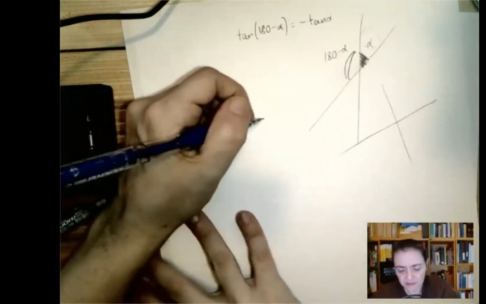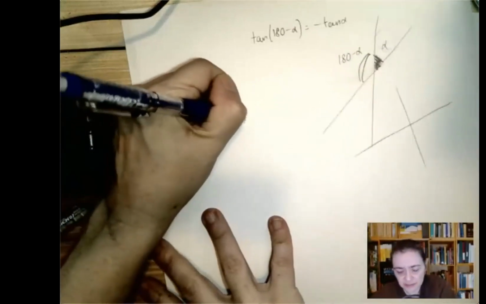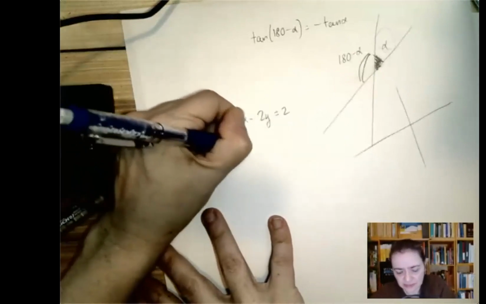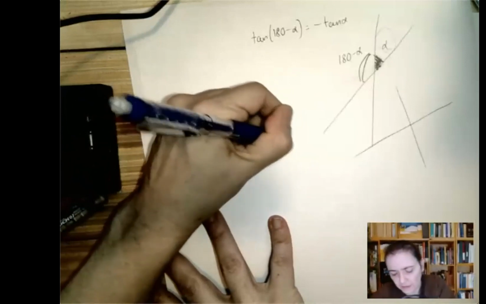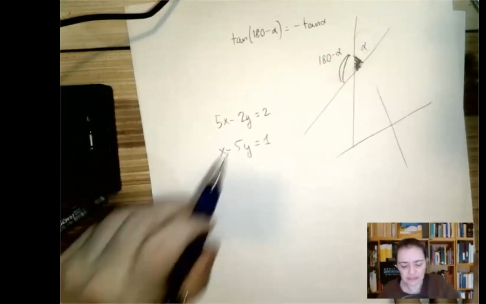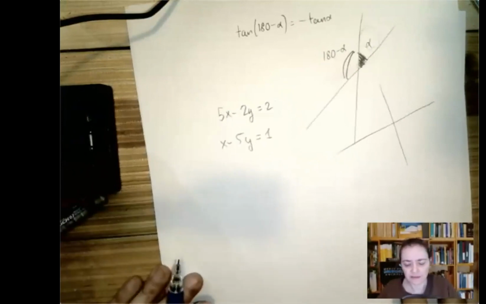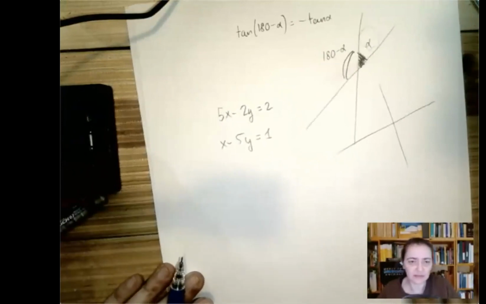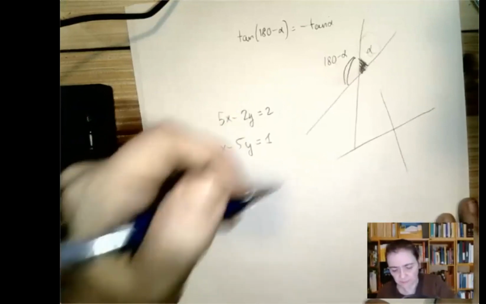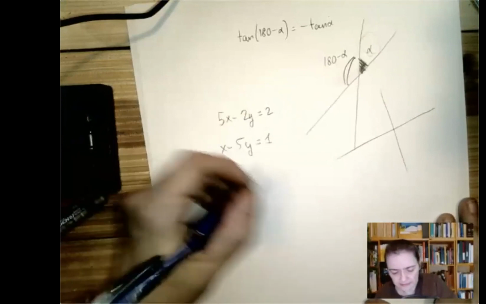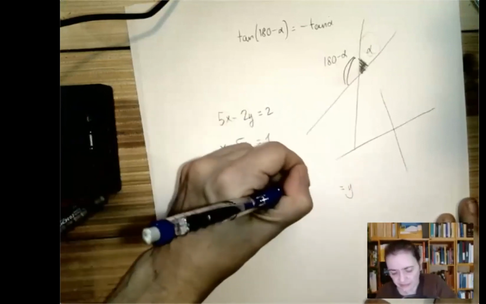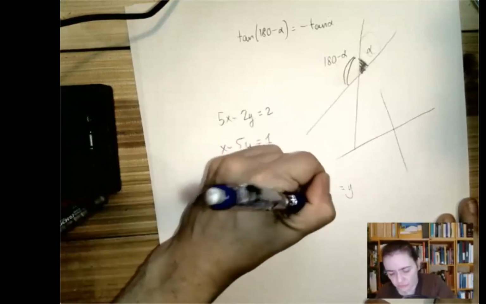So that said, the two equations are 5x minus 2y equals 2 and x minus 5y equals 1. So if we solve for y in each equation, thereby bringing them into the slope-intercept form, we're going to get the following. The first one, y equals 5x minus 2 over 2.